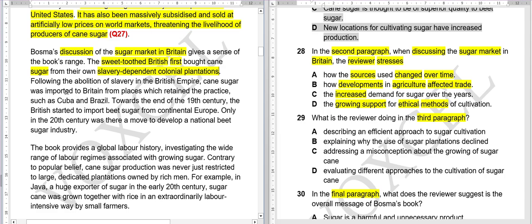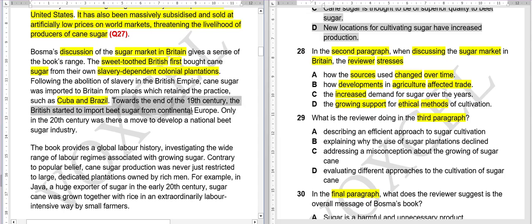That's the location. Following the abolition of slavery in the British Empire, cane sugar was imported to Britain from places which retained the practice, such as Cuba and Brazil. Then they started importing it from these two places. Towards the end of the 19th century, the British started to import beet sugar from continental Europe.